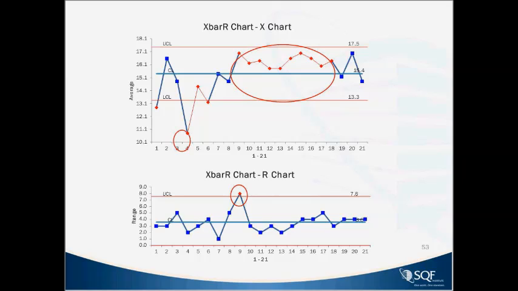That would tell the operator that we're probably running a bit high. We're not out of control yet, but if we stay there, chances are we're going to be out of control at some point. So let's bring that process back down and change something in the process. Trending like this is very helpful as well, and I'm going to show you a couple of other trend tools in a minute.